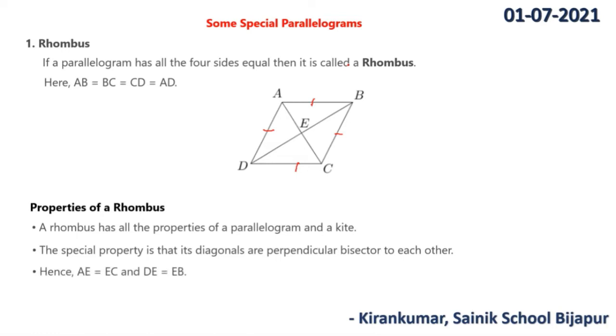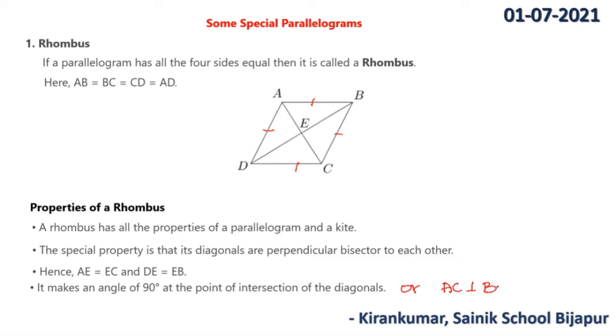Hence, AE will be equal to EC, DE will be equal to EB, and it makes 90 degrees at the point of intersection. Or I can also say that the diagonals are perpendicular to each other. AC is perpendicular to the diagonal BD.